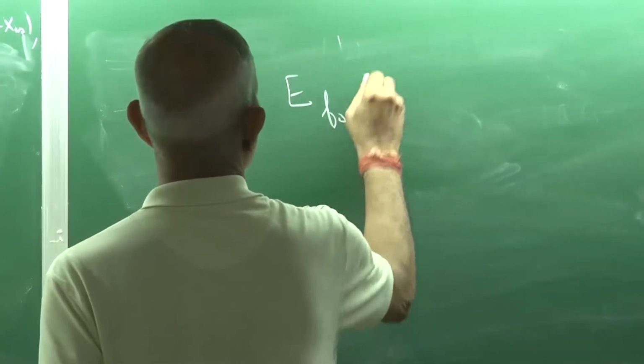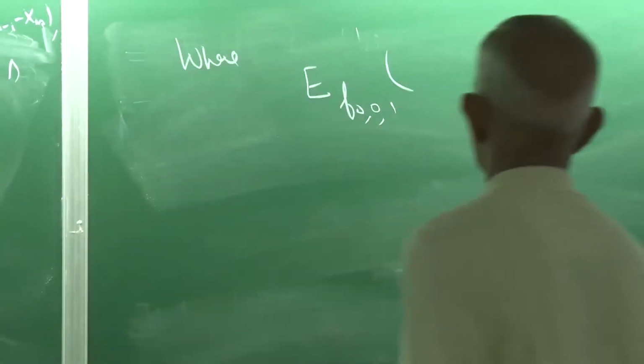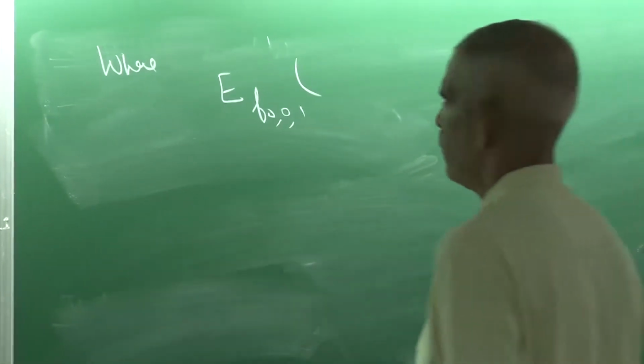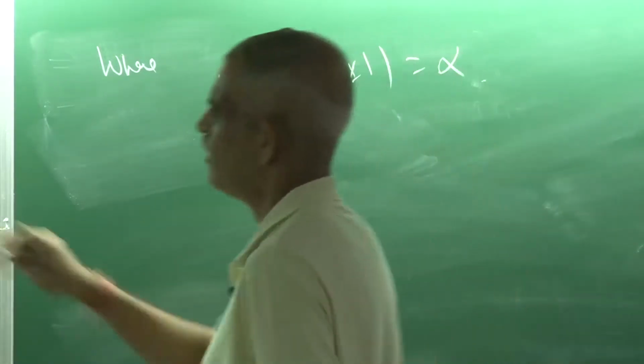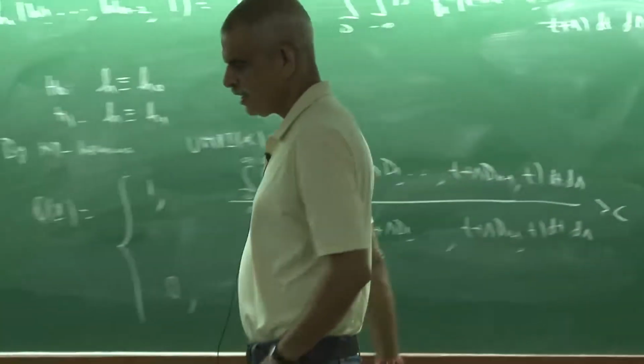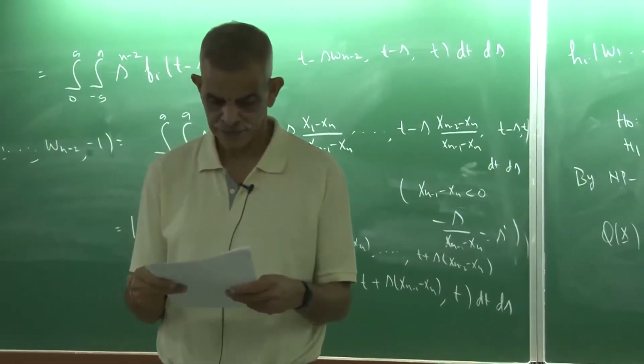Under f0, mu as 0, sigma as 1, so expected value of phi x under H0 is alpha. So this gives you UMPI alpha tests.